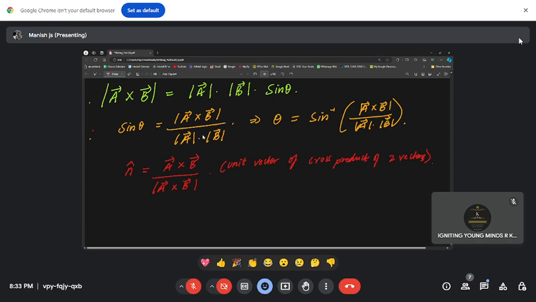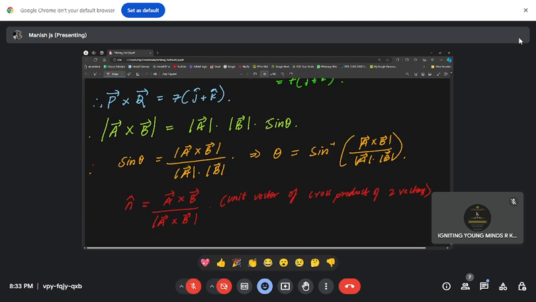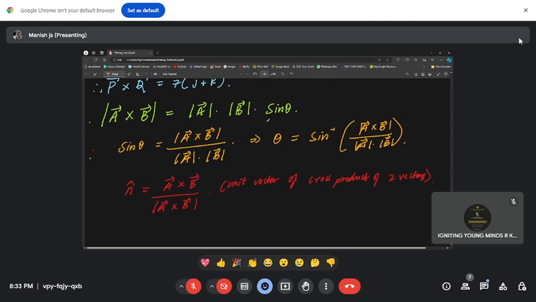So these are the important aspects relating the angle theta, and I've also given the relation for the unit vector of the cross product of two vectors.